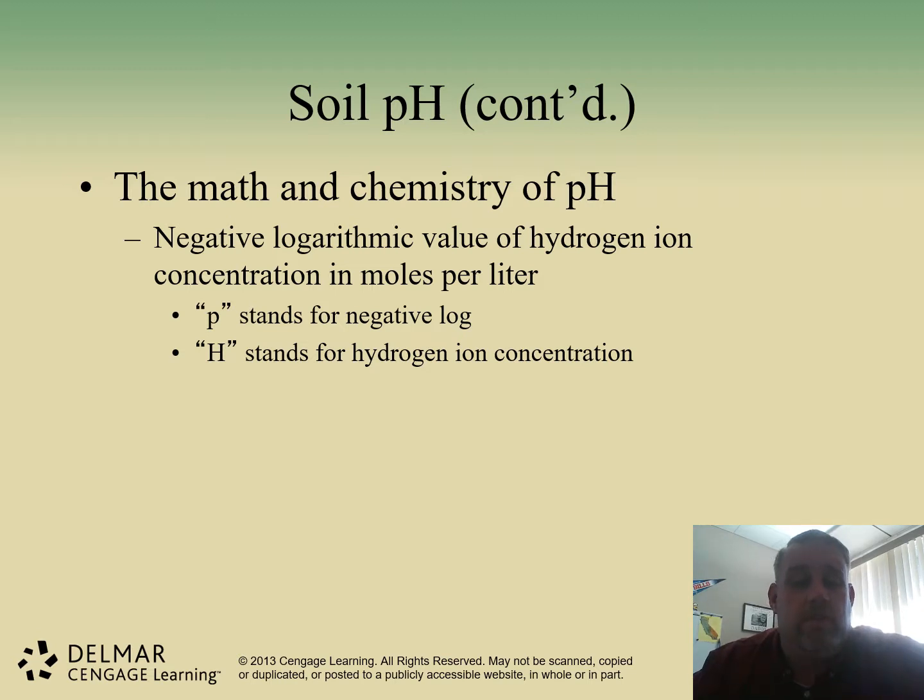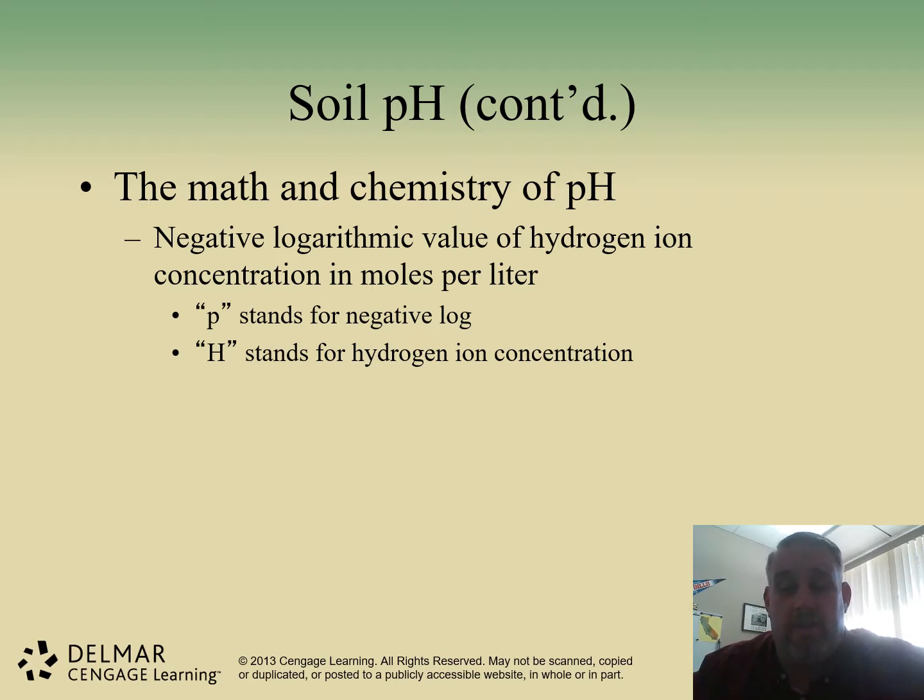When we talk about pH, it is basically a logarithmic value of the hydrogen ion concentration within a material. The P stands for your negative log, and the H stands for your hydrogen ion concentration. When you think about pH, for every number you move, it is considered approximately 10 times stronger.